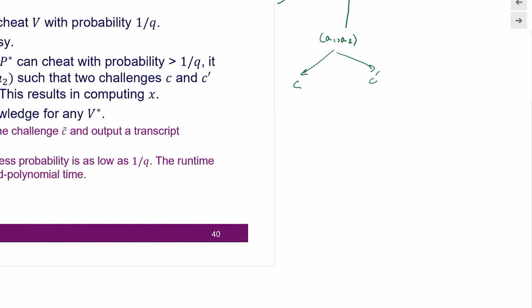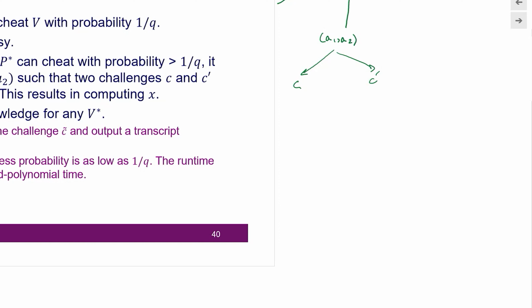I think you already know how he can cheat: he can just assume what the challenge would be and pre-compute A1 and A2 so that he can successfully pass.